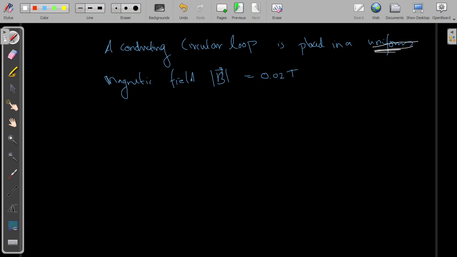B equal to 0.02 Tesla, with its plane perpendicular to the field. With its plane means the plane containing this conducting circular loop. He said that it is perpendicular to the field.